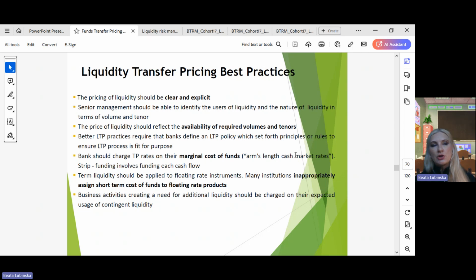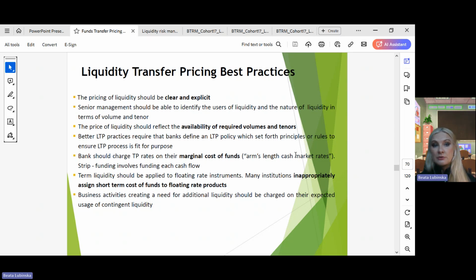These are quite common, well covered in the regulatory guidelines. The regulator explicitly refers to the liquid asset buffer cost when it talks about FTP, and provides us with best practices or guidelines on how it should be approached by the bank.